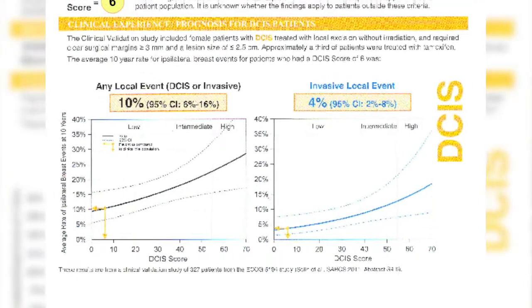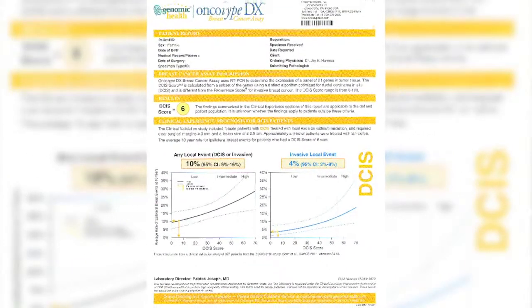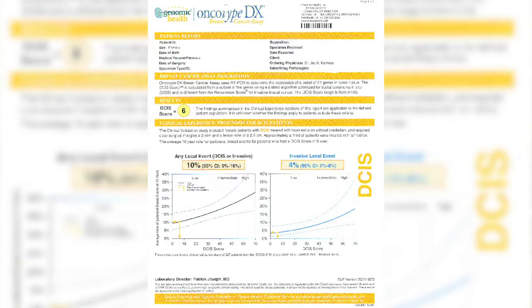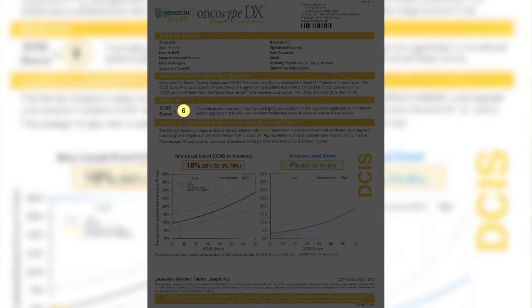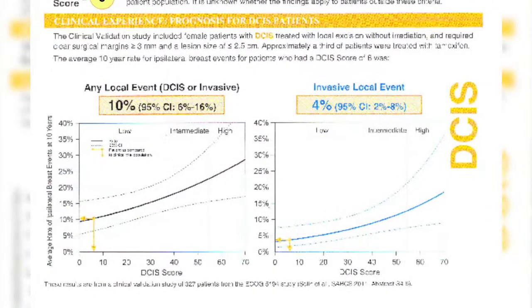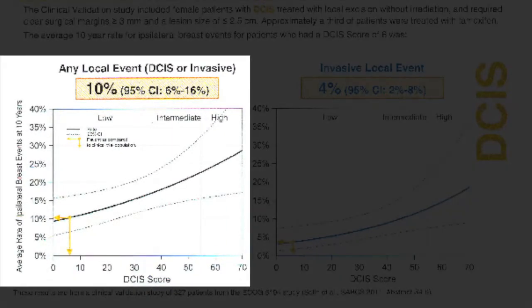Now, I've got up on the screen a recurrence score of 6. This is actually in one of my own patients, a 57-year-old woman who had a small 5 millimeter low-grade ductal carcinoma in situ. And as you can see, the recurrence score came back a 6. And again, referring to our chart, this means that over the next 10 years, she has approximately a 10% chance of either a recurrence of in situ breast cancer or invasive breast cancer.